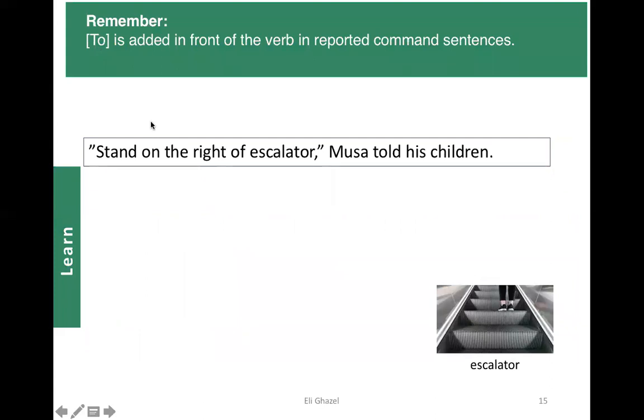Now, more incremental learning. So we focused in the first part on who gives the command, who receives the command, etc. Now we're going to start focusing a little bit more on the process and procedure of how this is done. Let's have a look. Stand on the right of the escalator, Musa told his children. Now, notice what we chose.